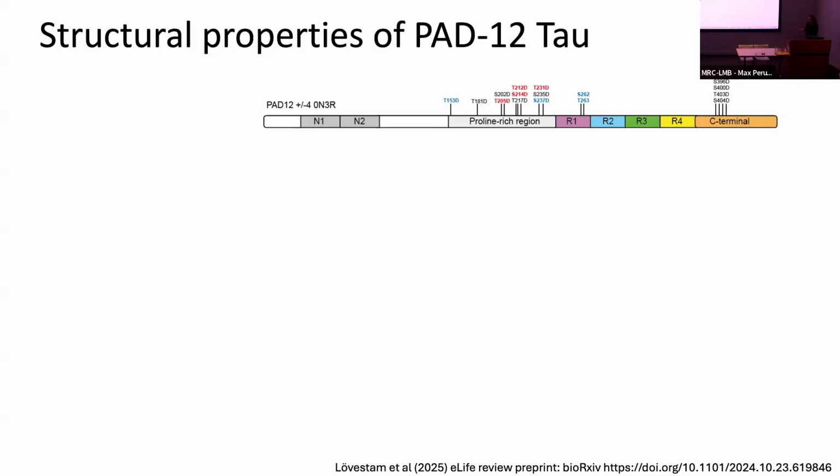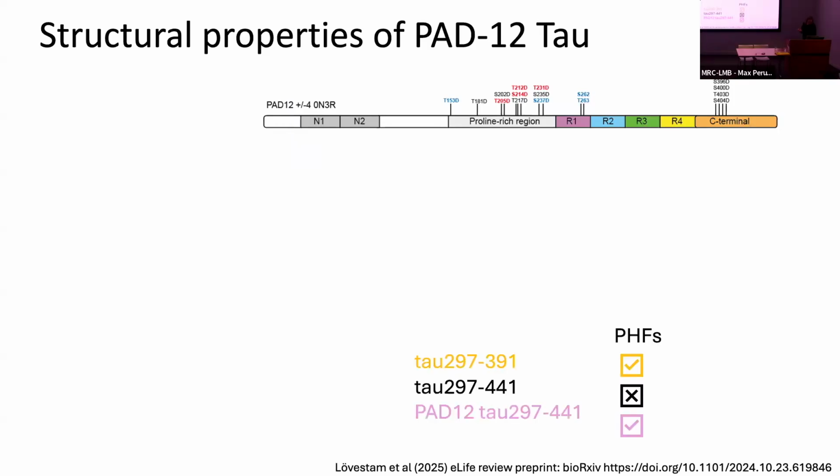But when you want to study that, it's quite difficult to get a homogeneous sample. So in a follow-up study, Sophia created a PAD12 tau with phosphomimetic mutations. So you mutate your serine or threonine into aspartic acid or glutamic acid. That way you've got full control of your sample. Each residue that you want to be phosphorylated is affected.